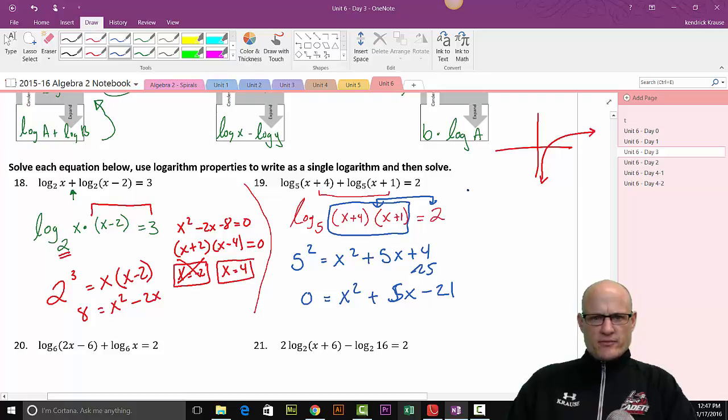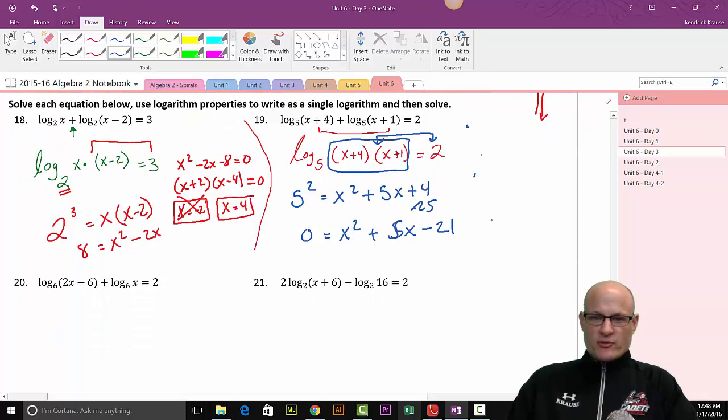I didn't think I had any difficult ones like this. Five squared is equal to x squared plus 4 minus 1. Well, unfortunately, this doesn't factor. So the only way to solve this would be using the quadratic formula. So x is equal to -5 over 2 plus or minus the square root of the discriminant.